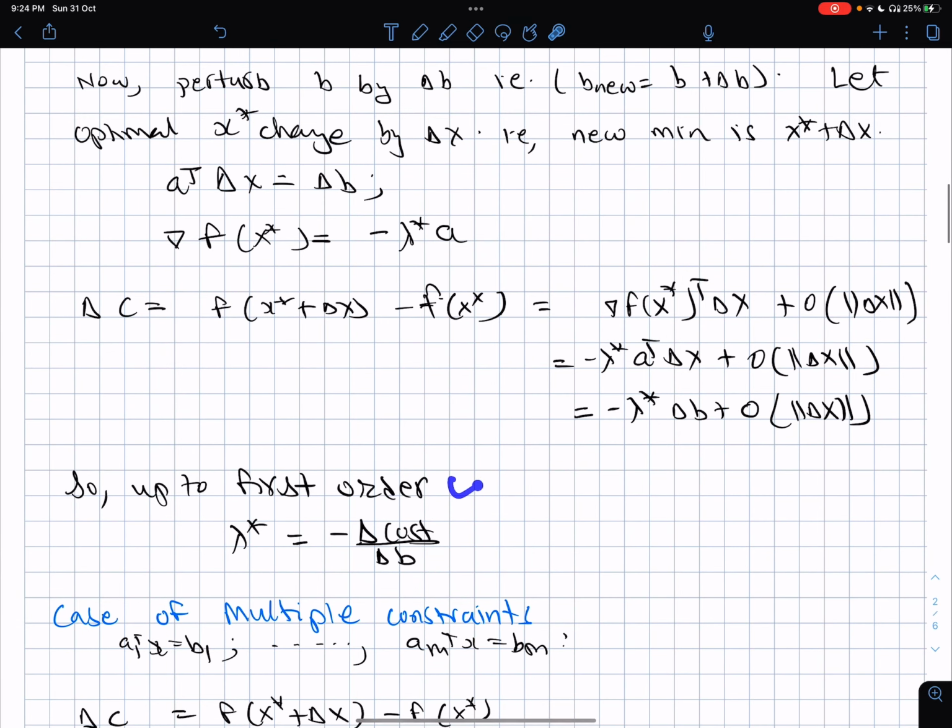So up to first order, as a linearized approximation, you can see that negative of delta c divided by delta b is equal to lambda star.